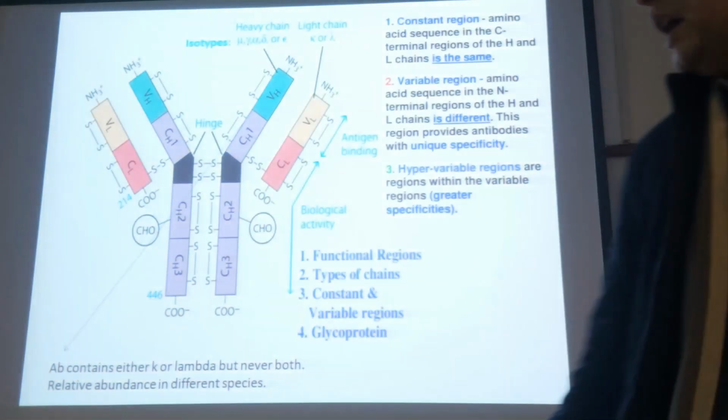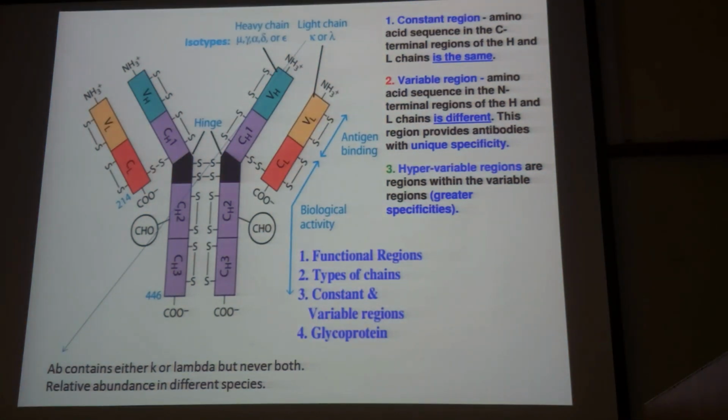Okay, and if you look at the prevalence of kappa and lambda, again there is a relative abundance of these in different animal species.